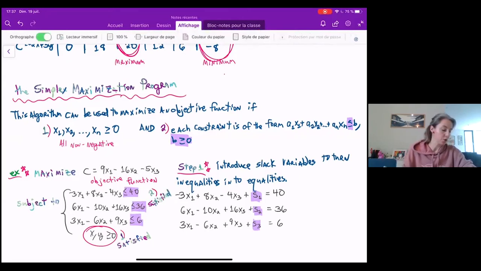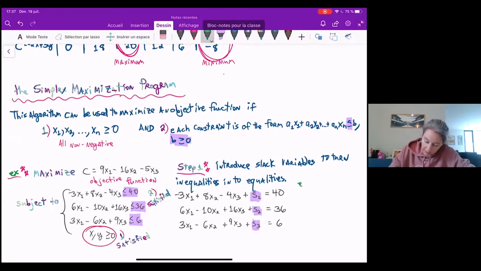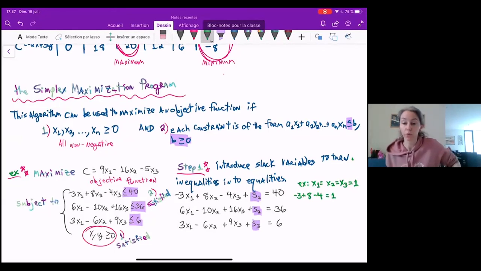So just to make sure that we understand this, let's say, for example, x1 is equal to x2 is equal to x3 is equal to 1. Then I'll have -3 plus 8 minus 4 is equal to 1, right? So 1 is indeed less than or equal to 40. How much less than 40 is it?